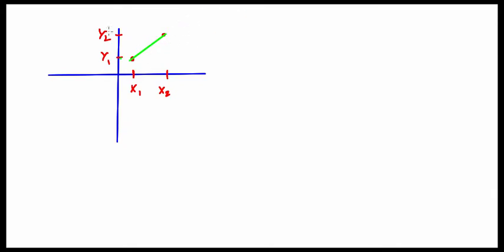What you usually do is take the difference of y: y2 minus y1, divided by x2 minus x1. That's going to be your slope, which is represented by m.